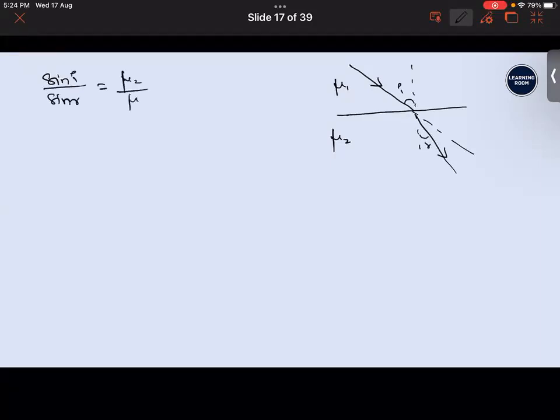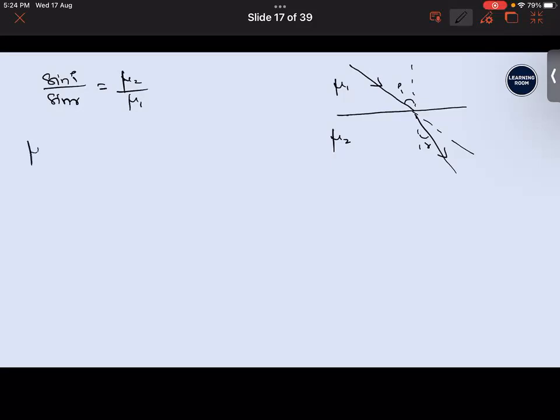Okay. Now see. Suppose this is a medium of refractive index mu1. This is another medium of refractive index mu2. Let's say light is incident from the first medium to the other. Then sin I by sin R is given as mu2 divided by mu1. So sin I and sin R are inversely proportional to the refractive indices of the respective media.